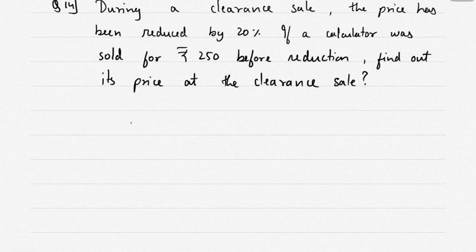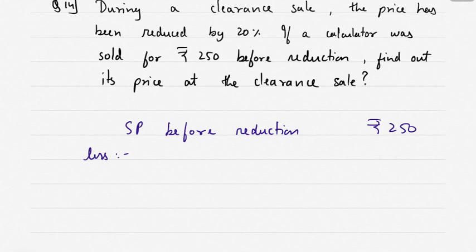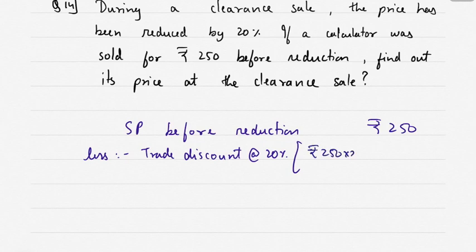Correct? So selling price before reduction is rupees 250 less, this is called trade discount, correct? Trade discount at the rate of 20%, which is rupees 250 into 20%.